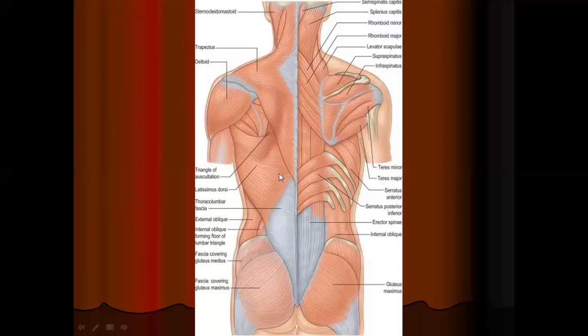Once you have reflected this latissimus dorsi, we are able to see the deeper muscles like serratus posterior inferior, and if you cut the other muscles, we also find serratus anterior. Once you cut these serratus muscles, you find one muscle which is quite straight in line. This muscle is erector spinae. These are the muscles we are going to elaborate in the back.